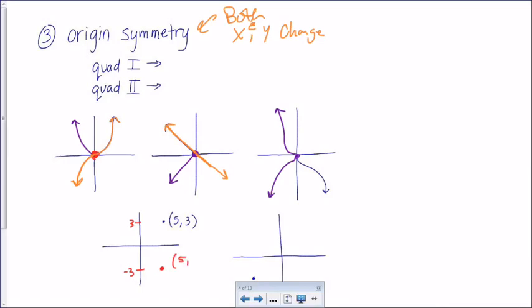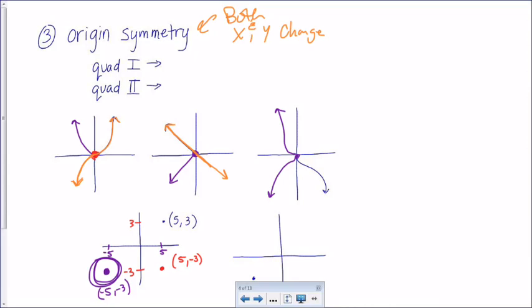So this is at 5, comma -3, and then I have to reflect it over the y-axis, which was at 5. Now it has to go to -5, right? So it would be here. This is now rotated about the origin. Notice how both of the 5, 3 became negative.